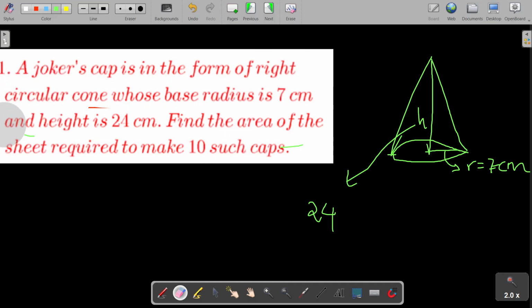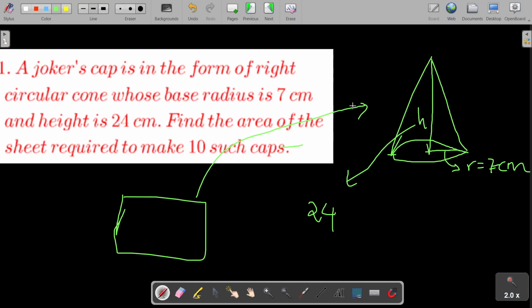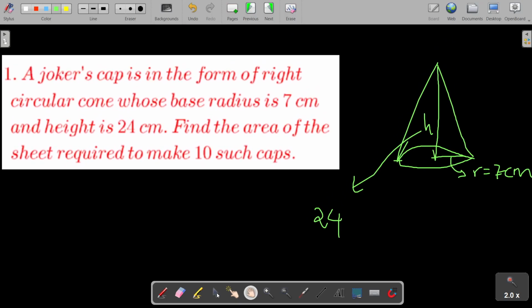So we took a sheet. Let's say this is a random sheet, and we prepared, after curving it, a cone like this for the Joker. That means we are dealing with the curved surface area only.